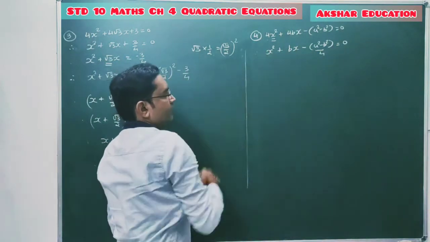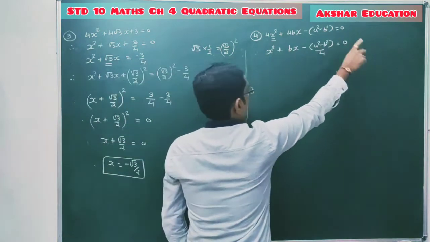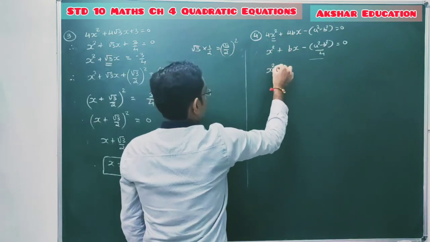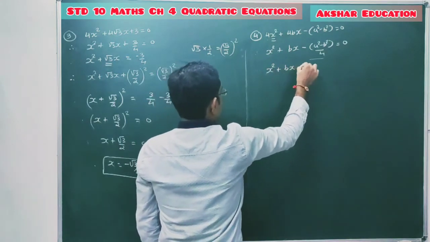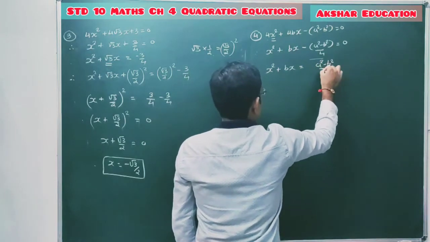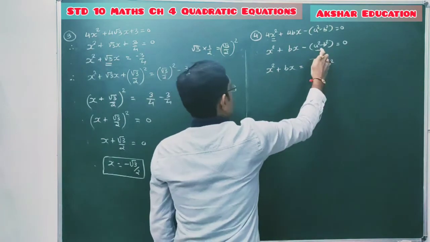Remove the coefficient of x square, then take the constant term on the right hand side. So here it's x square plus bx equal to (a square minus b square) by 4. Done?